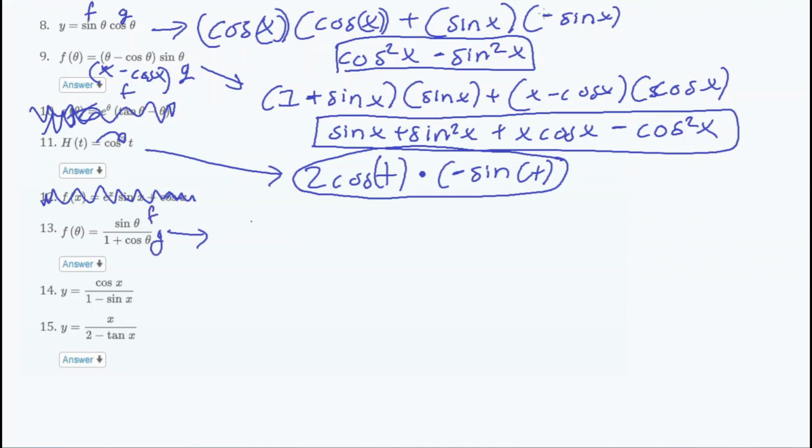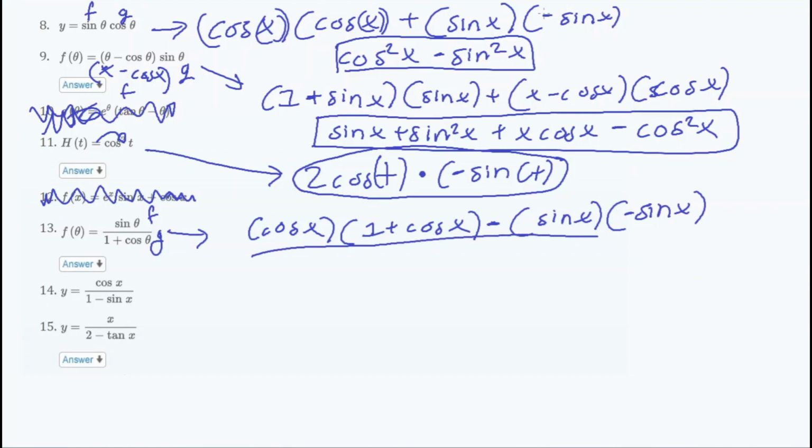So the derivative of f is going to be cosine x multiplied by g, which is going to be 1 plus cosine x, and then minus sine x times the derivative of g, which is going to be negative sine x. And that's going to be over g squared. We'll write out g squared later.